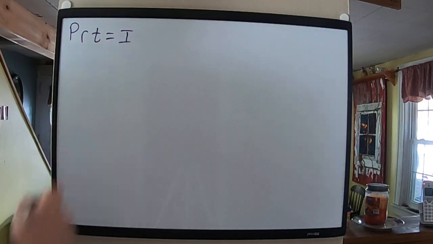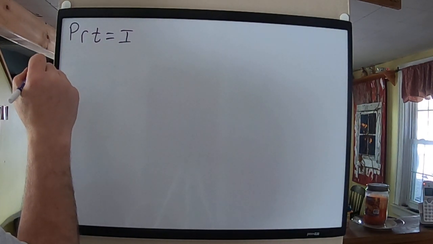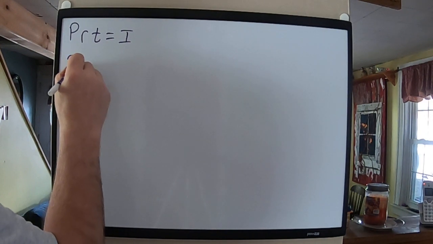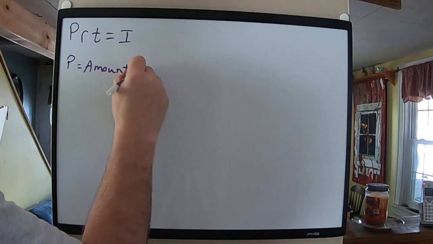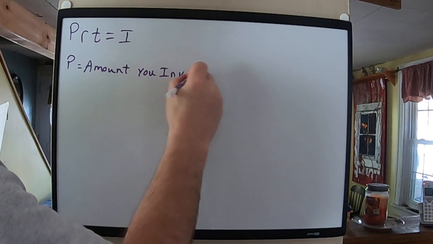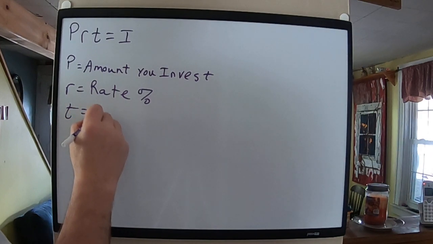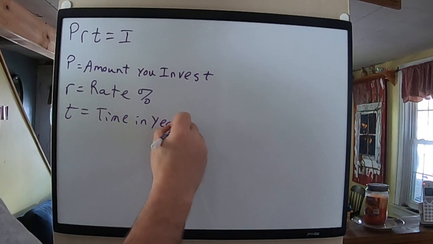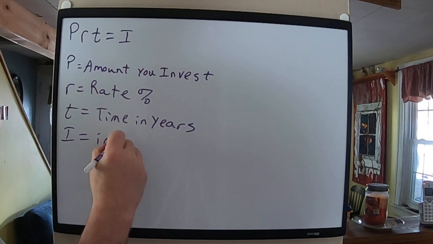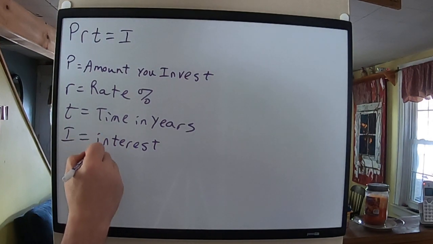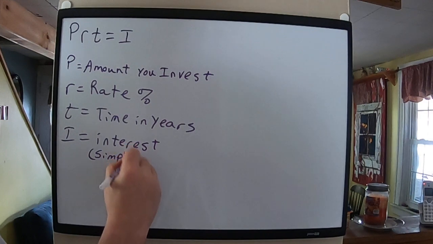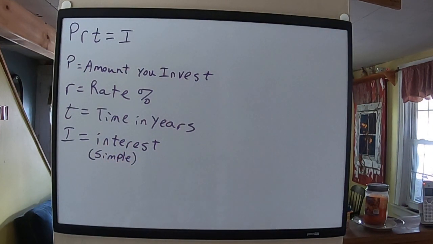R is the rate or percent, and T is the time in years, and it equals interest, I. There are other types of interest, like compound and others, and we're not going to get into that. All right, so that's the general formula.